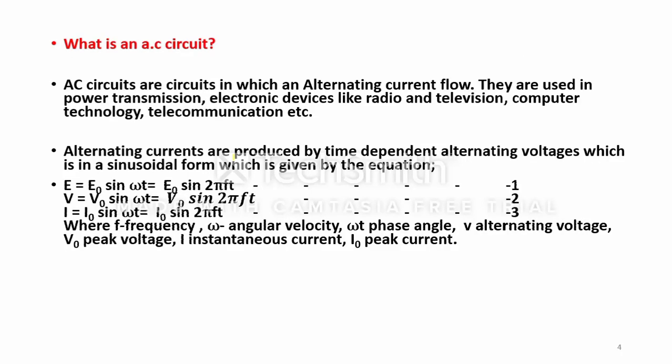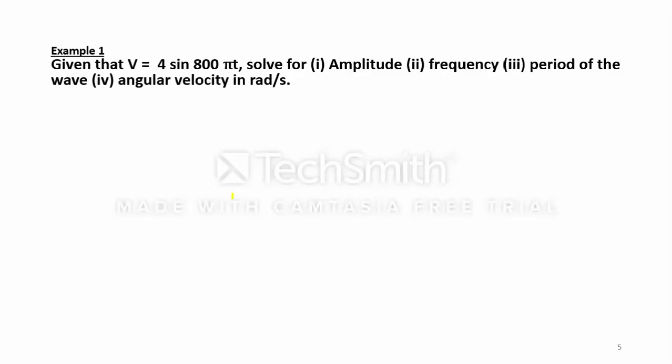Look at equation 2. That's the expression we are going to use in solving the problem. So we are going to compare equation 2 with the given expression. We have V equals 4 sine 800 pi t, the given expression, and we compare equation 2, V equals V naught sine 2 pi f t.